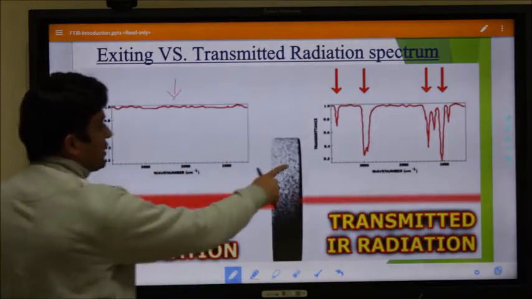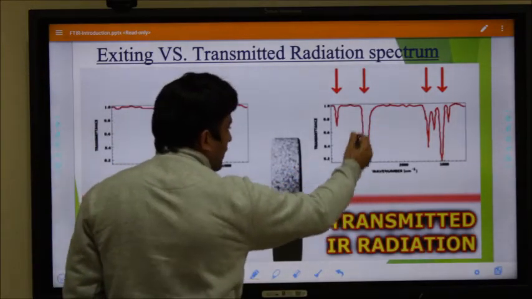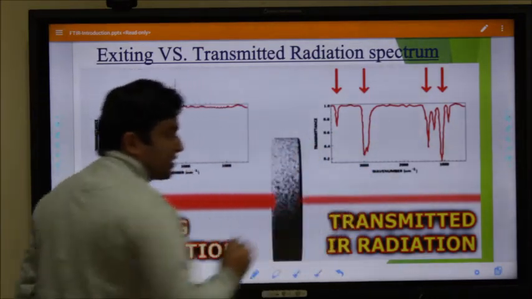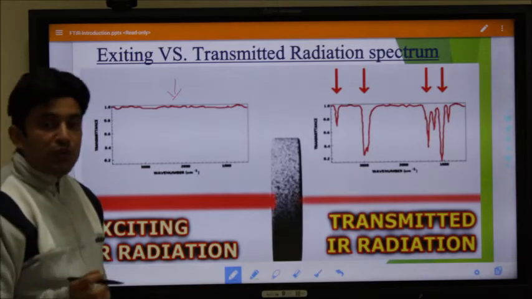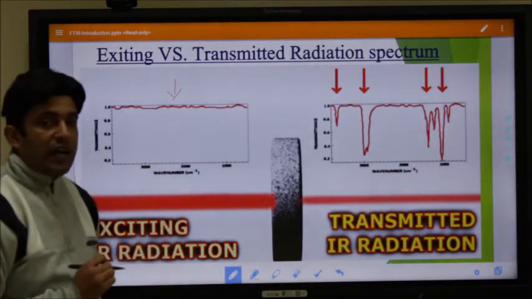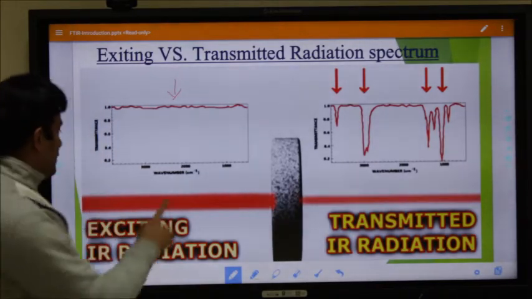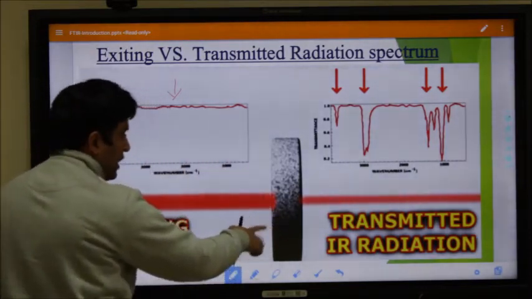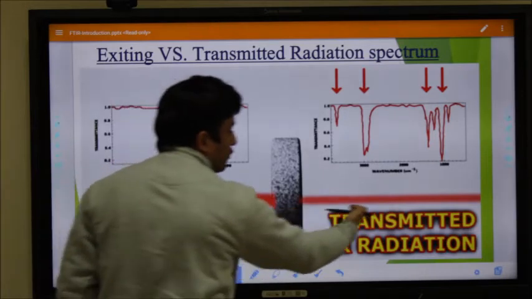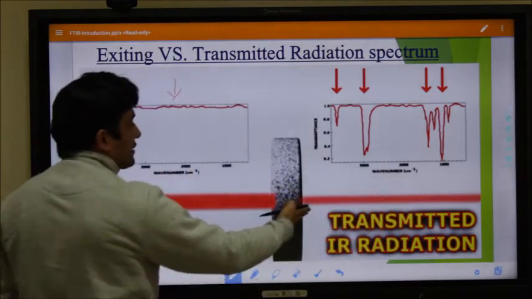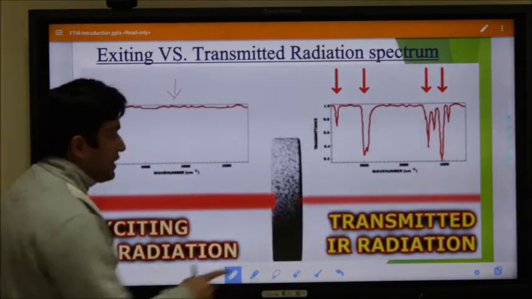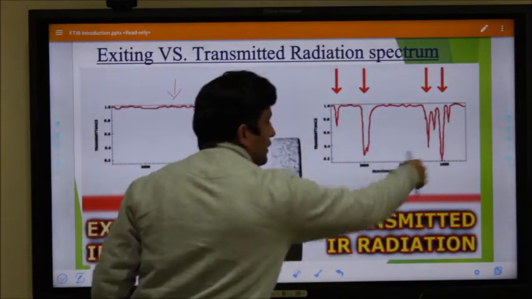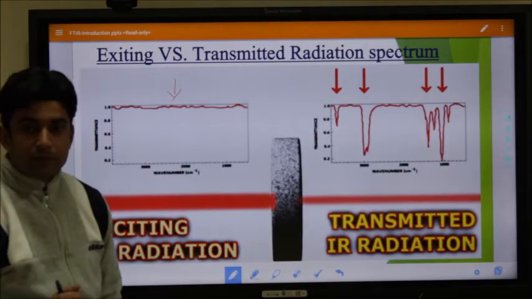But here you can see there is a fall in the intensity of the transmitted radiation. As I told you in the earlier slide, the radiation falling on the sample and the radiation coming out of the sample has decreased energy and intensity. That's why we got these falls in the FTIR spectrum.